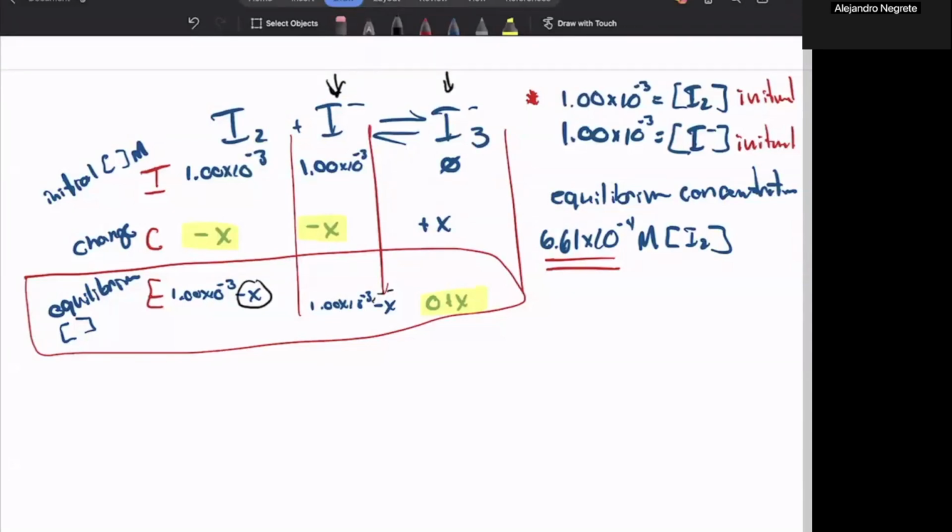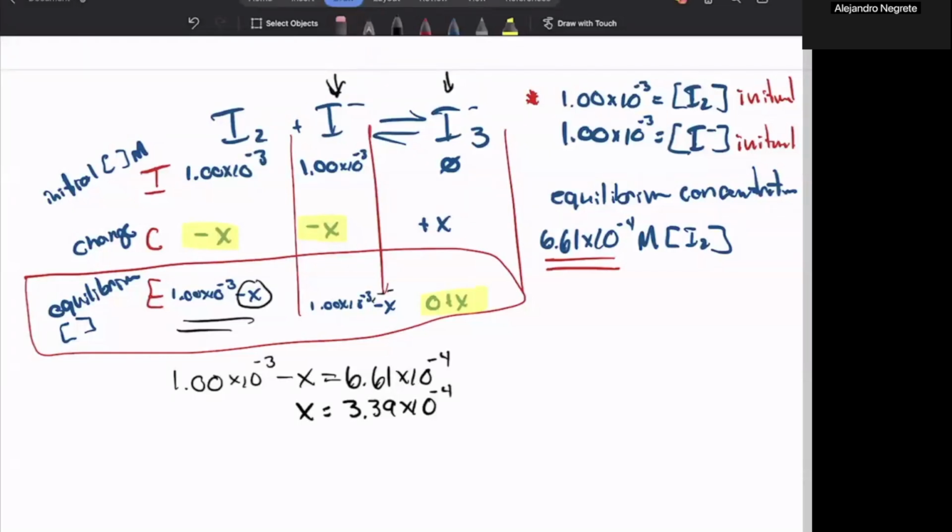Okay, so how we can set this up is we can say, using this information here, 1.00 times 10 to the minus 3 minus X is equal to 6.61 times 10 to the minus 4. And then if we solve this, X is equal to 3.39 times 10 to the minus 4.